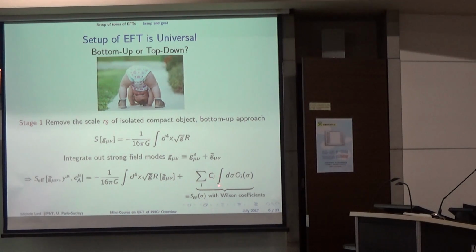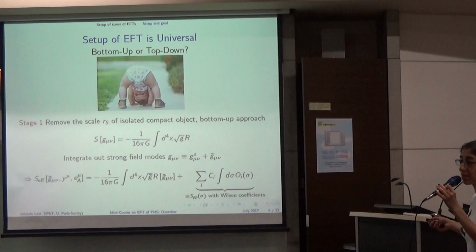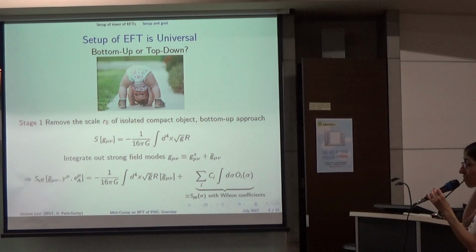And the fact that writing the action in this way accounts for the physics correctly is a very classical canonical result, usually referred to as the decoupling theorem from Appelquist and Carazzone from the 70s, that guarantees us that indeed we can describe correctly the physics at the larger scale by writing operators that include the larger scale and just preceding them with coefficients that encode the UV physics that has been suppressed.